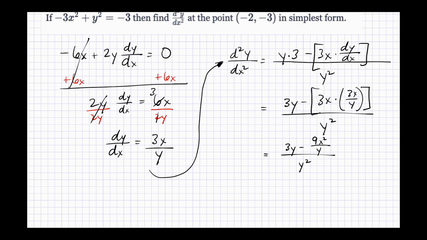Here's the thing about this guy though. The nice thing about plugging in a point, you don't have to go all the way. Like I don't have to simplify and do all that stuff. Right when you get only x's and y's, plug them in and see what you get. That's the nice thing about plugging in points. It's actually less work because you don't have to solve it all the way for dy/dx.